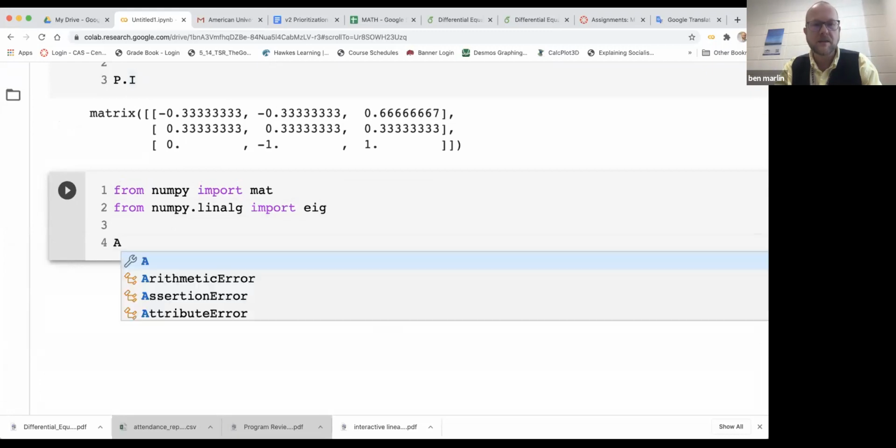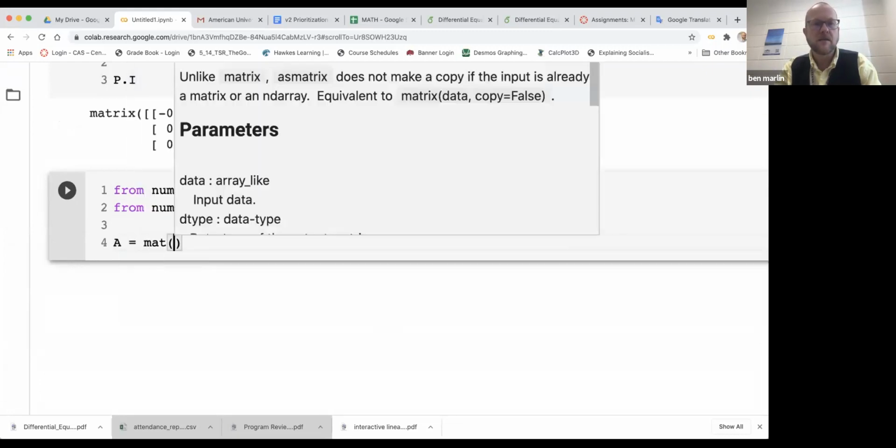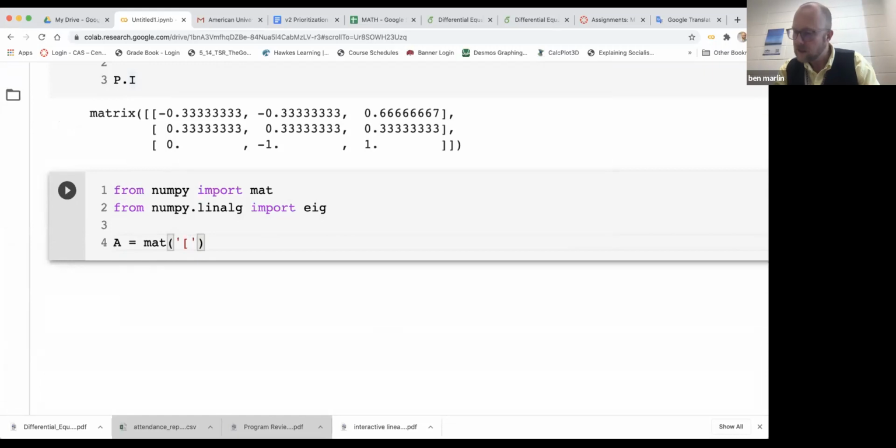My matrix is going to be 4/5, that would be 0.8, negative 3/5, negative 0.6, 0, next line, 0.6, comma, 0.8, comma, 0, next line, 1, 2, 2. All right. So that's how you define a matrix object.